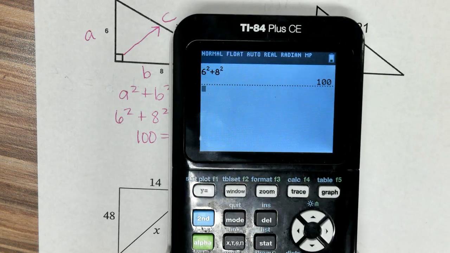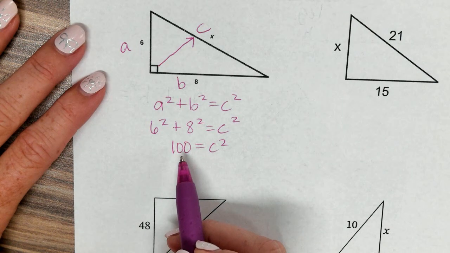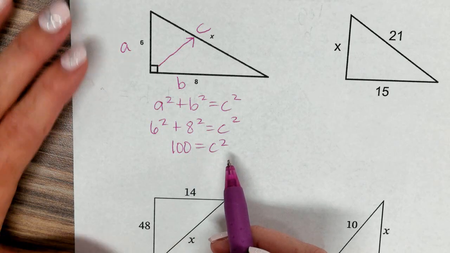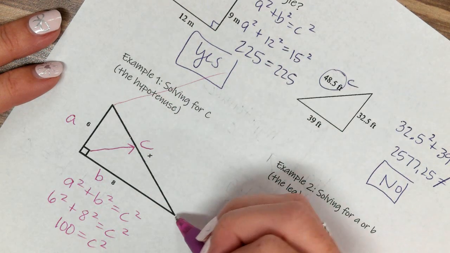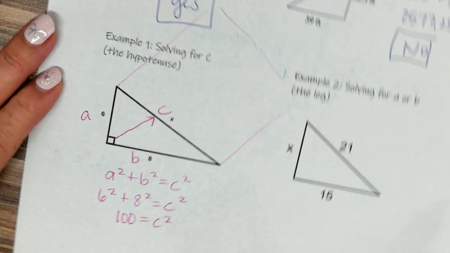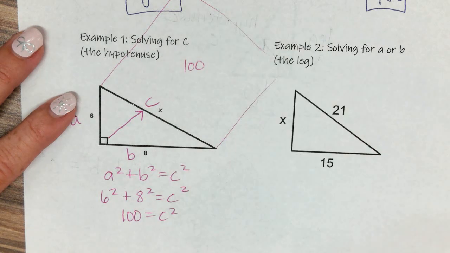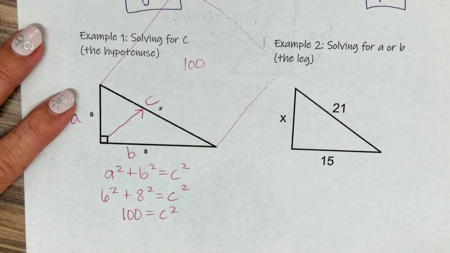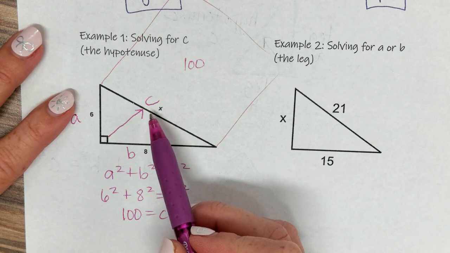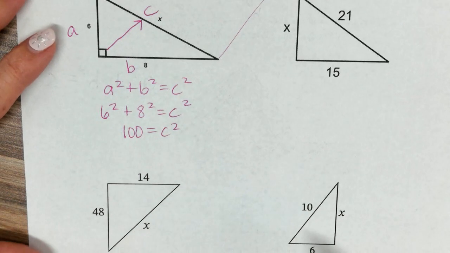Right now, we have found 100 is the value of C squared. That is the area of a square over here. Does everybody see what I'm talking about? The area of this square is 100, but we're trying to find the side length. So what would I do to this number?